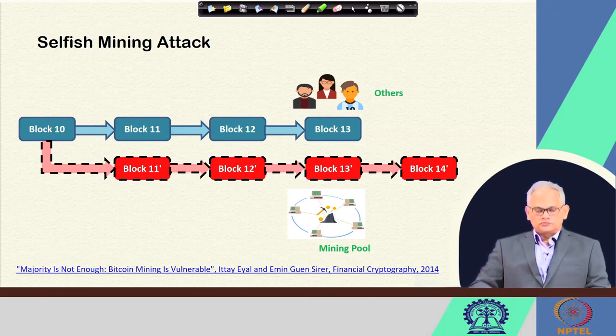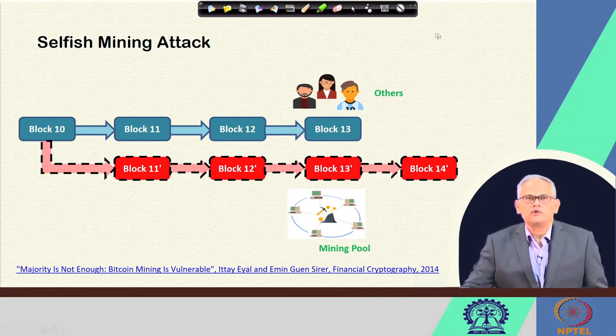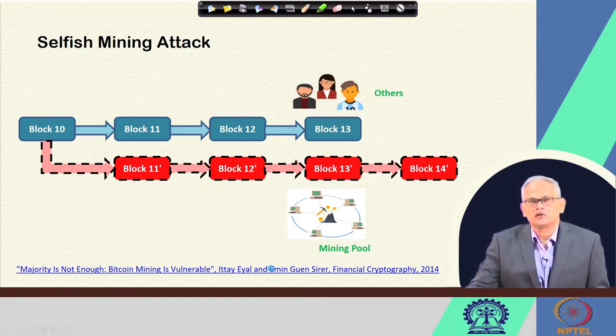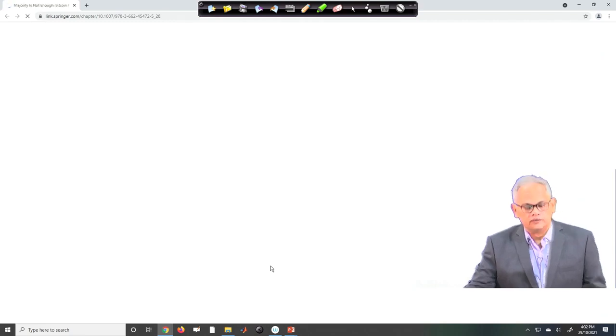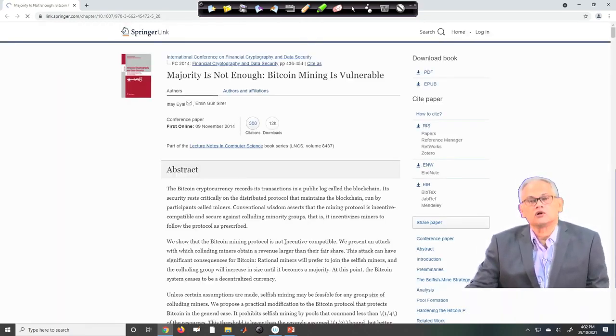First, for this attack that we are talking about, we are going to cover most of the material from this particular paper, which was published in the Financial Cryptography Conference in 2014. That is when a lot of activities were happening, and people were trying to figure out whether Bitcoin indeed is very useful or it has got any kind of vulnerabilities.